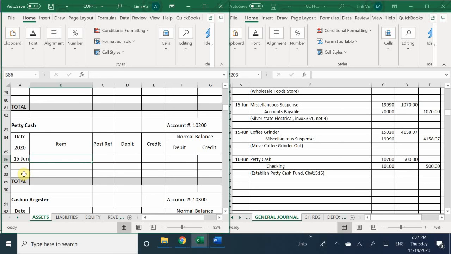Would I put the check number here? Yes, check number would be important. I'm also going to write that I established it, because the difference between this and the next debit is to either increase or decrease it.